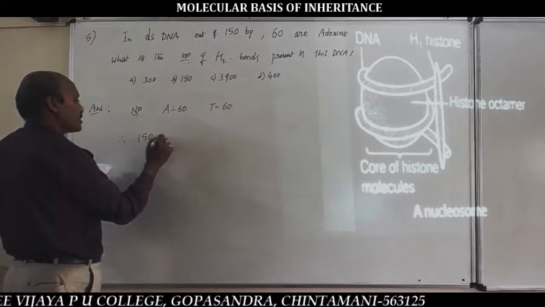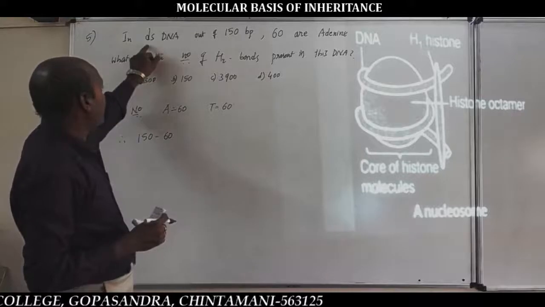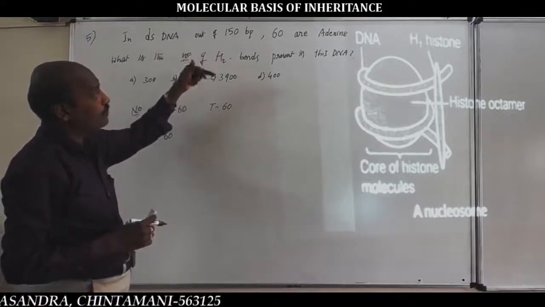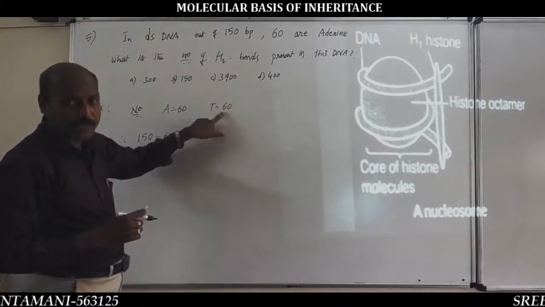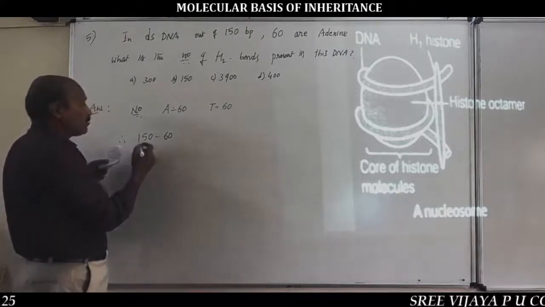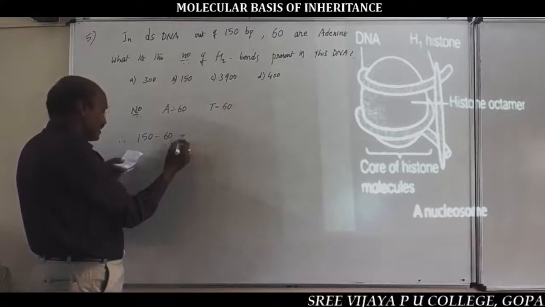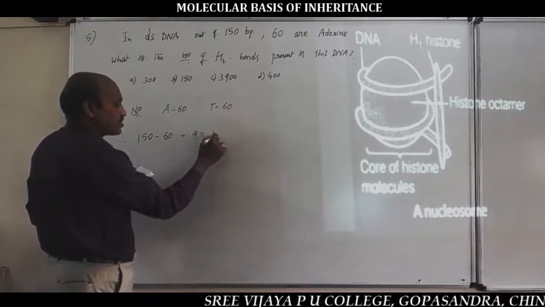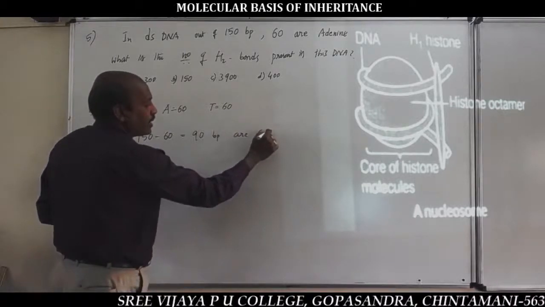Therefore, 150 minus 60, because it is given that in the double stranded DNA, out of 150 base pairs, 60 are adenine. So 90 base pairs are guanine and cytosine.